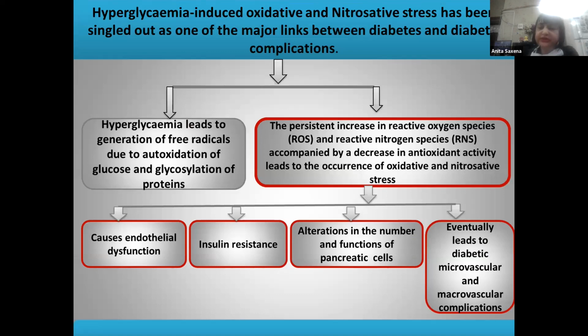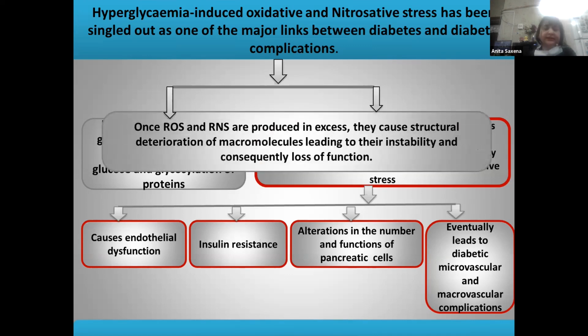The persistent increase in reactive oxygen species and reactive nitrogen species, accompanied by a decrease in antioxidant activity, leads to the occurrence of oxidative and nitrosative stress, which causes endothelial dysfunction, insulin resistance, alteration in the number and functions of pancreatic cells, and eventually leads to diabetic microvascular and macrovascular complications.